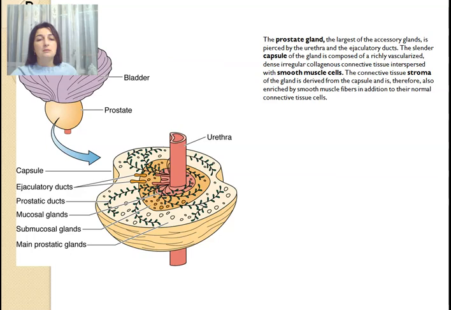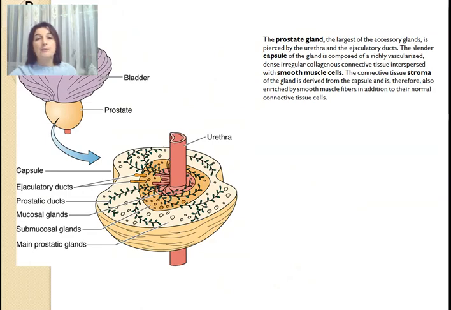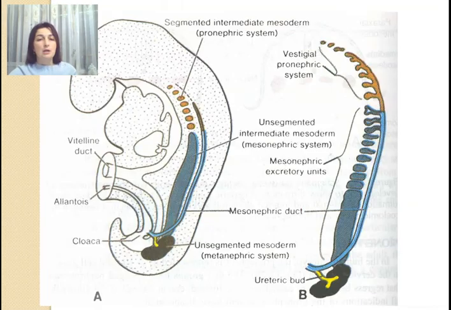They will be released content. Then the bulbourethral glands produce their secretion at the final, in the last stage, and they mainly produce mucus that will lubricate the surface of the male urethra.